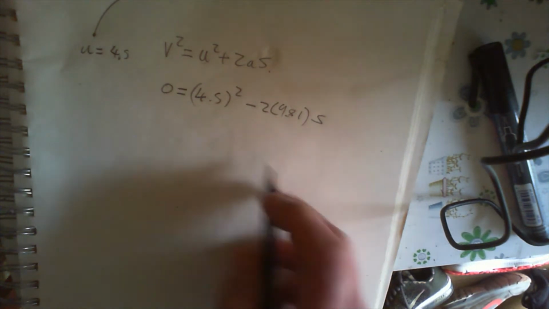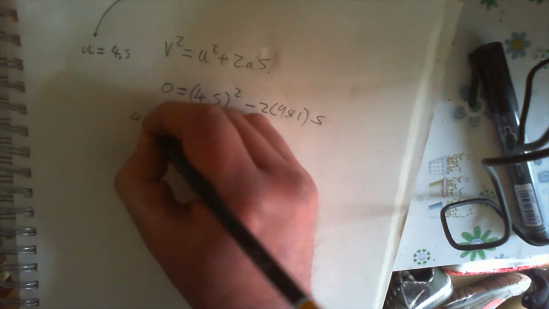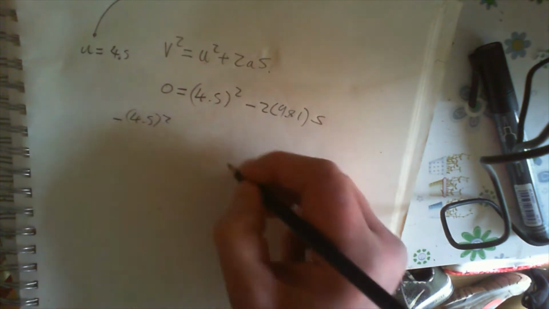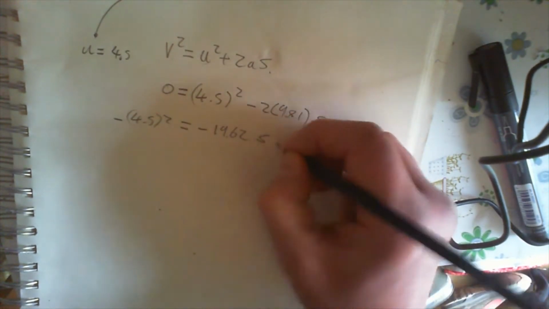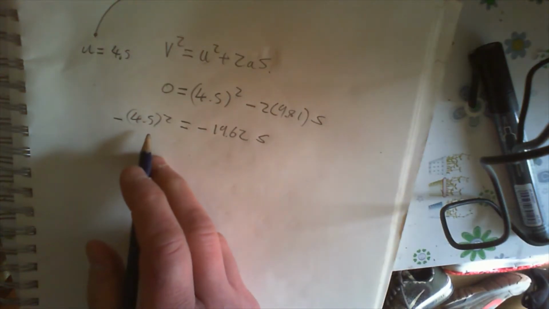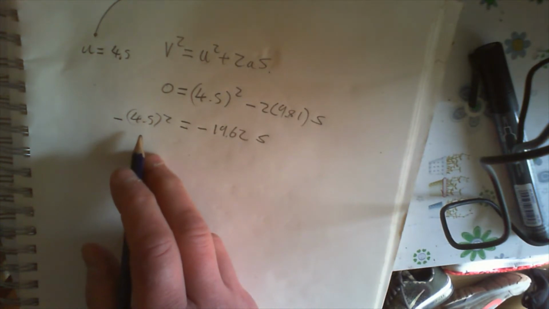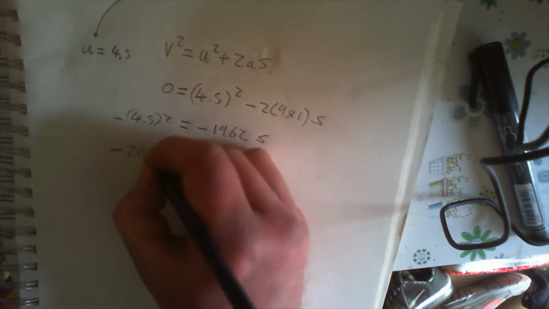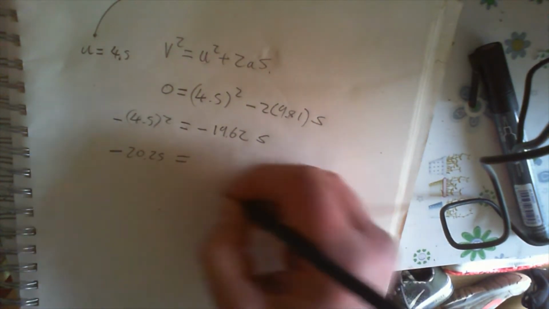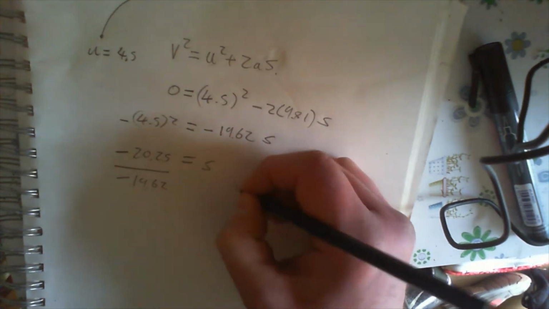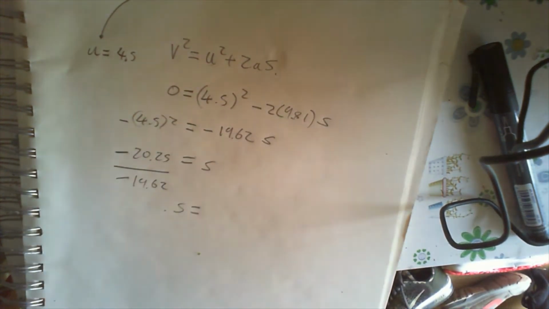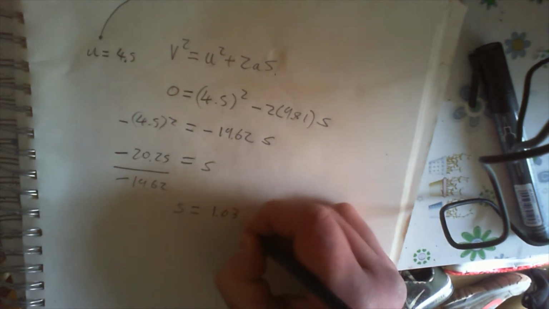So again, put this across the other side. 4.5 squared equals 19.62 s. 4.5 squared is 20.25, so 20.25 divided by 19.62 equals s. Therefore s equals 1.03 meters.